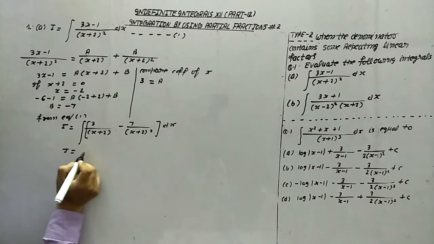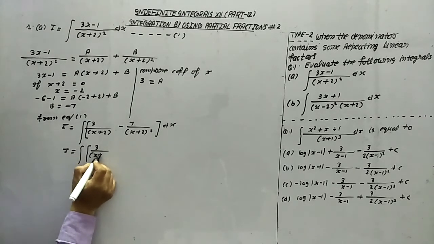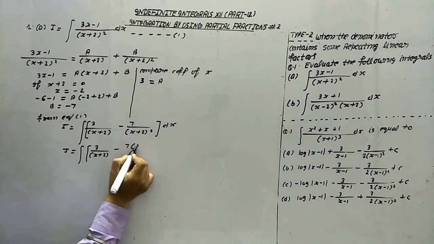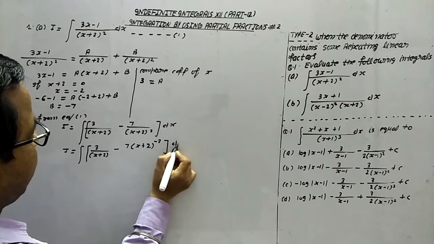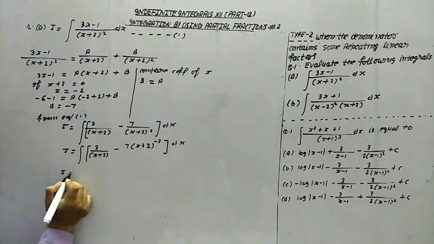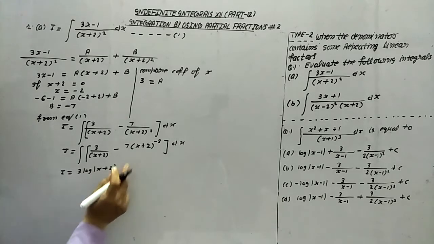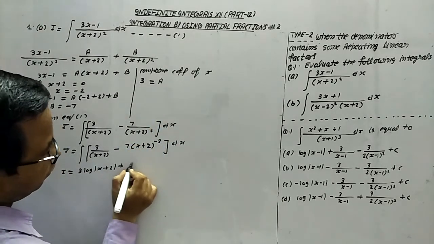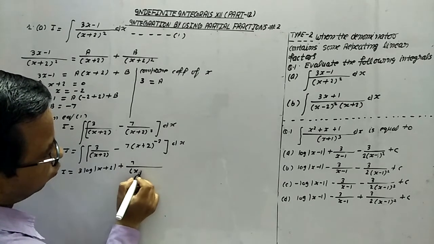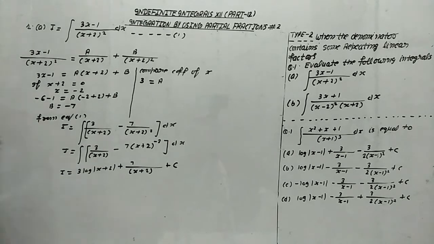It means I is equal to the integration of 3 upon x plus 2 minus 7 times (x plus 2) whole raised to power minus 2 dx. Now once we do the integration, we get 3 log (x plus 2), and minus 2 plus 1 is minus 1, so this becomes plus 7 upon x plus 2, plus c, and this is the answer for the integration.